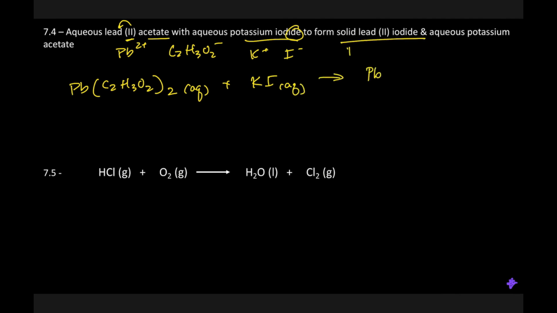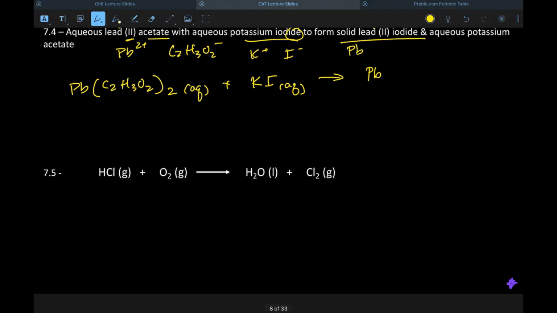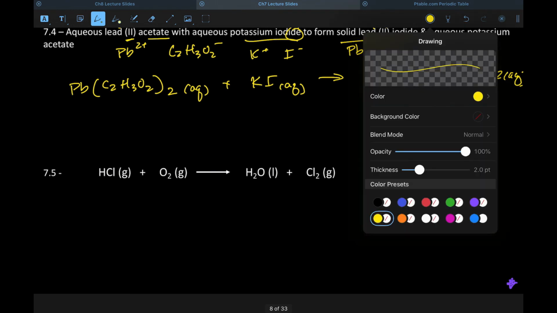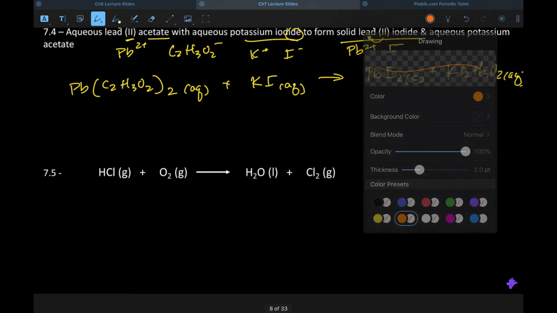So again, Pb, that 2 goes to that lead, so that's Pb2 plus and I minus, so PbI2 solid plus potassium acetate aqueous, okay?